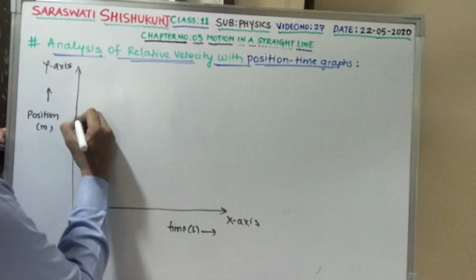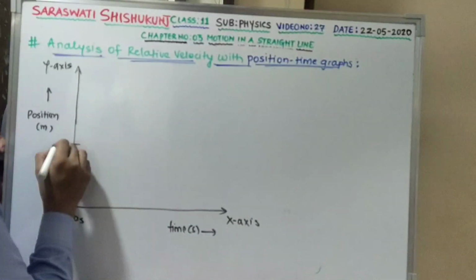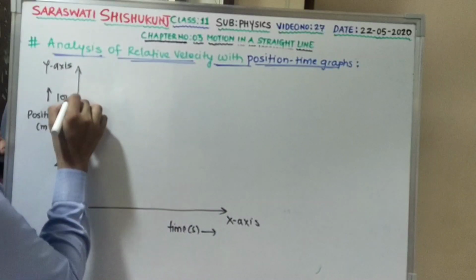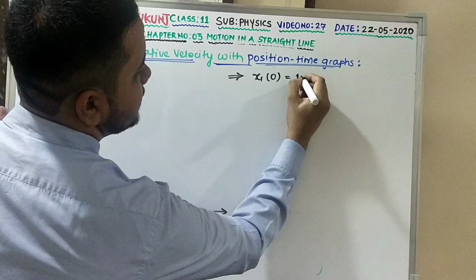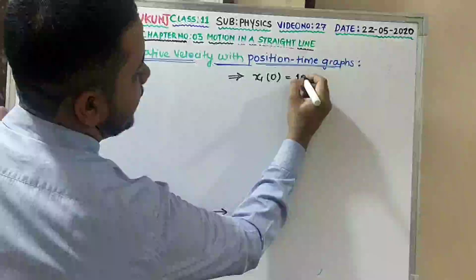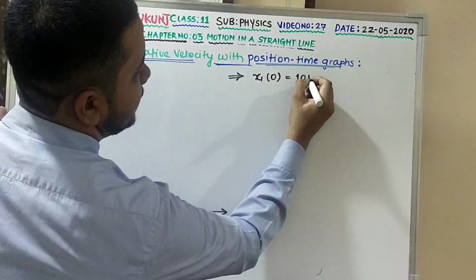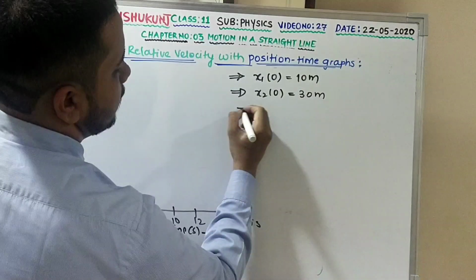At time t equals 0 seconds, let us take 20, 40, 60, 80, 100 and 2, 4, 6, 8, 10, 12. Here I am considering the first position x10 to be 10 meters, and the initial position of the second object x20 to be 30 meters.